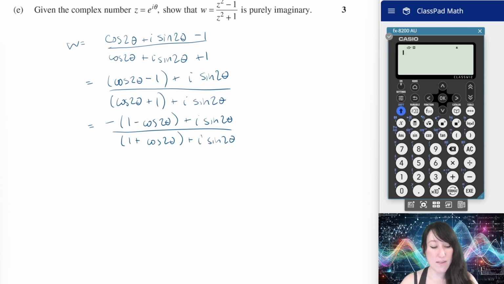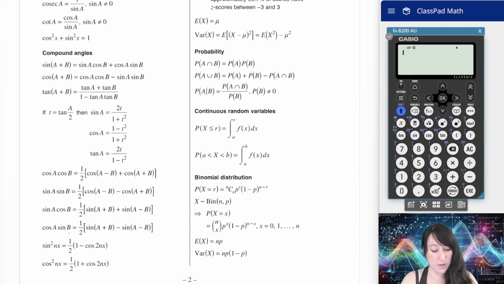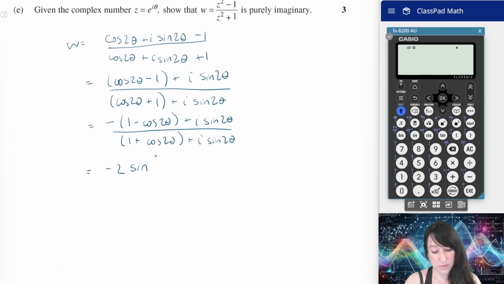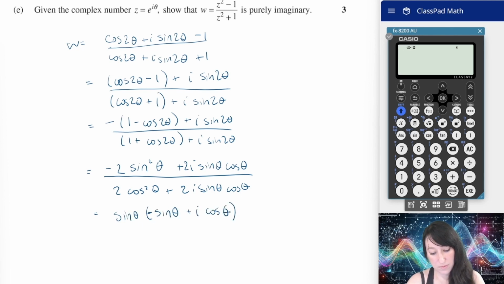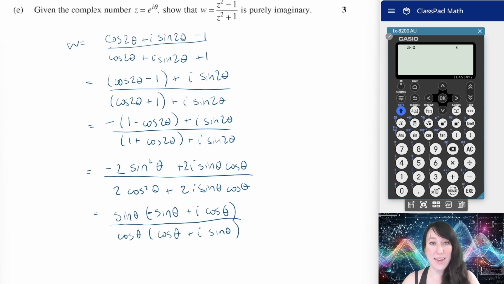I factorized the negative out of the top left so that it would match the top one here and the double angles for cosine. Now let's factorize. Note that the 2's cancel.